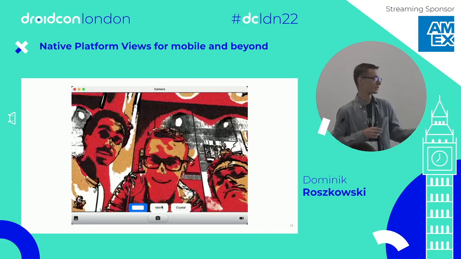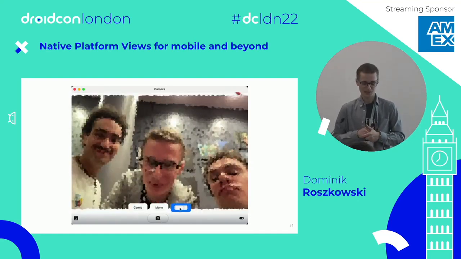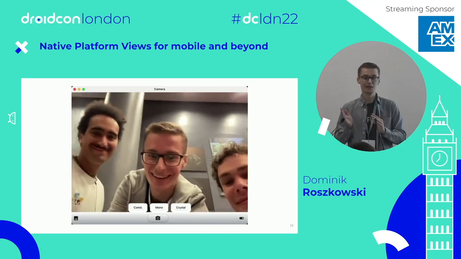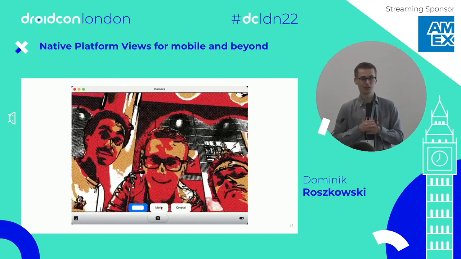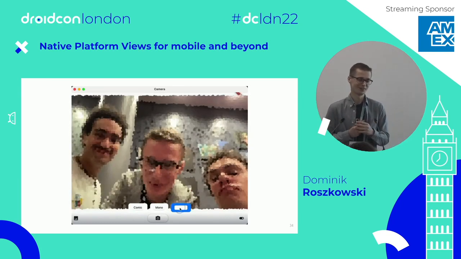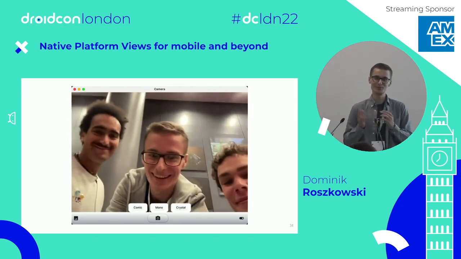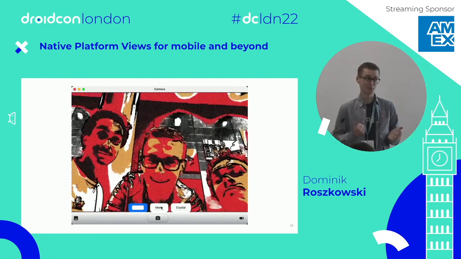You have the same effects, you have the same UI, and it took like 10 minutes to port from iOS to Mac. Again, I'm not trying to say that SwiftUI is better than Flutter, but it's super cool to be able to run the same code and share it across platforms.